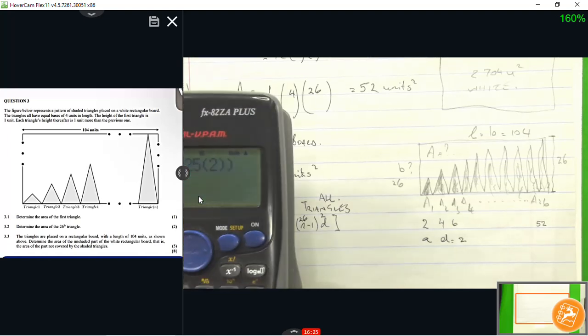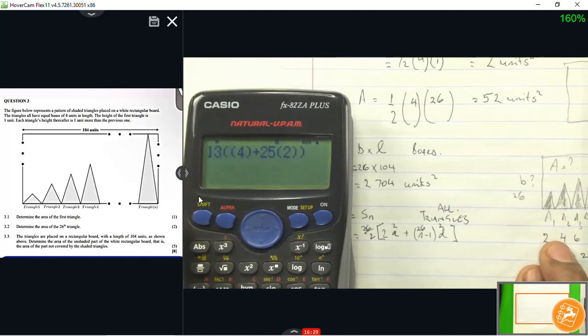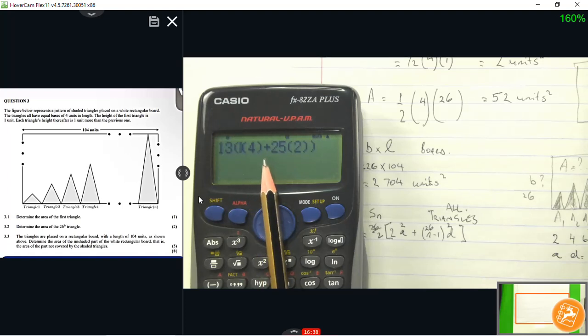So there it is. What have I done? There, 26, I've divided by 2, it gives me a 13. Then the 2 by 2 is a 4. Then the 26 minus 1 gives me a 25. And then the 2.